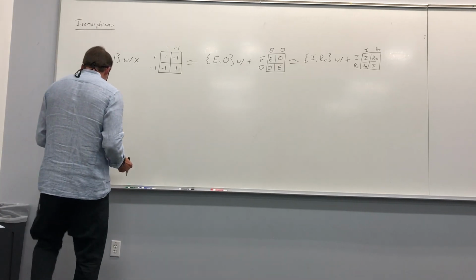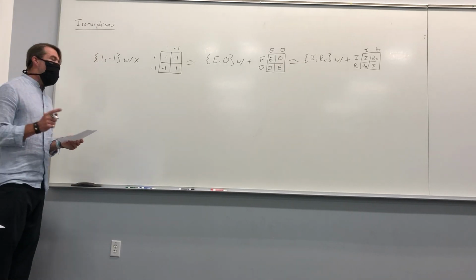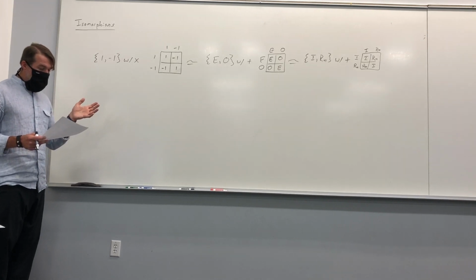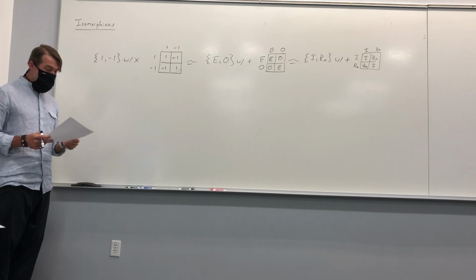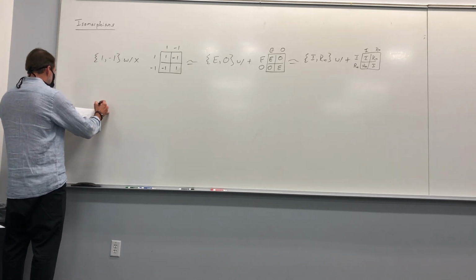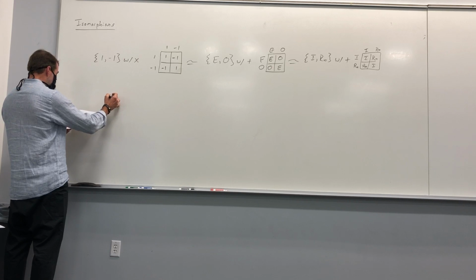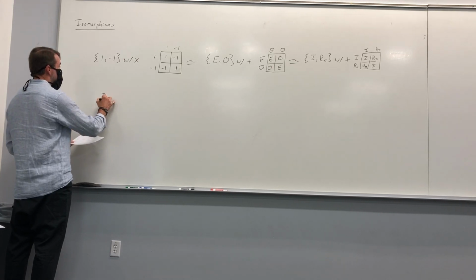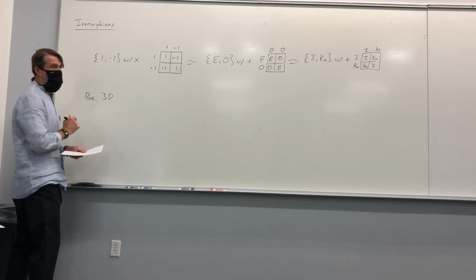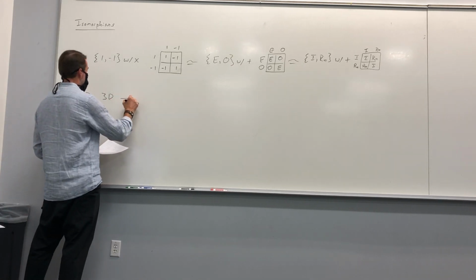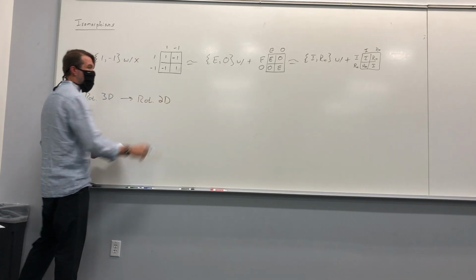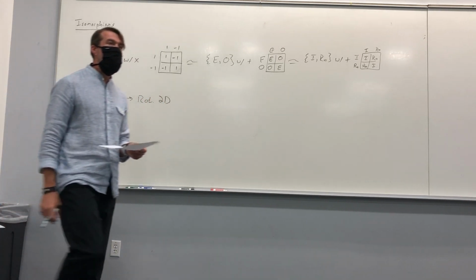At any rate, now, what's important is that if I'm claiming an isomorphism, then it has to go both ways. Because, for example, we can take rotations in 3 dimensions and we can map those to rotations in 2 dimensions, basically by projecting.